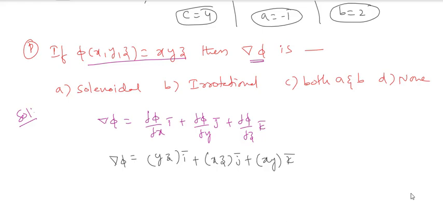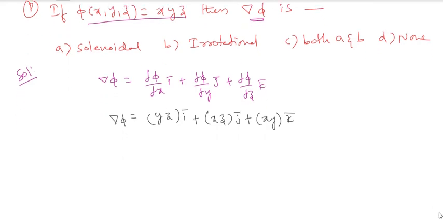So they are asking, with respect to del phi, whether it is solenoidal or irrotational. So try to check it out here. First calculate the divergence. What is the divergence of del phi, which is equivalent to del dot del phi?